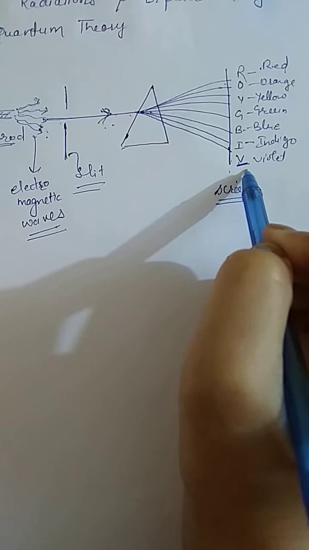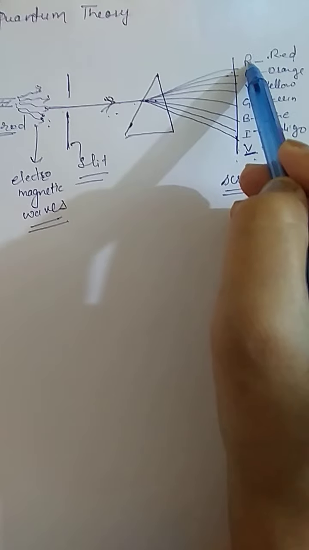So there is maximum deviation for violet color and minimum deviation for red color.